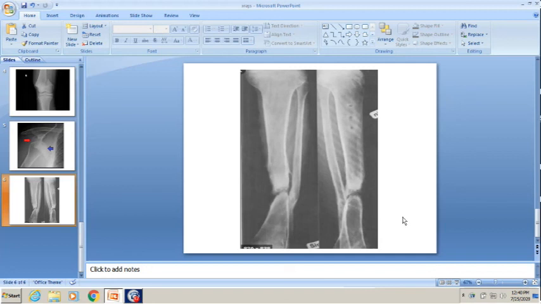Most of the cases won't complain about pain, they will only come with deformity or loss of movements, but there are certain special conditions where non-union will be painful. What are those conditions?